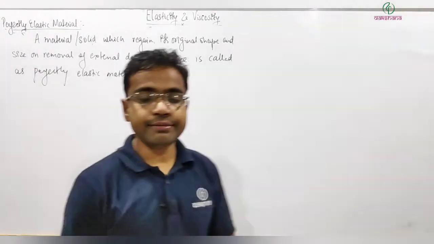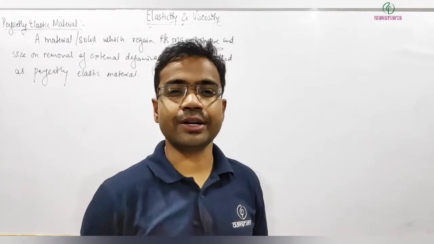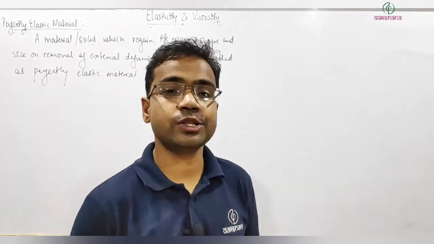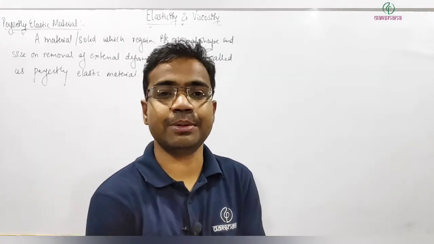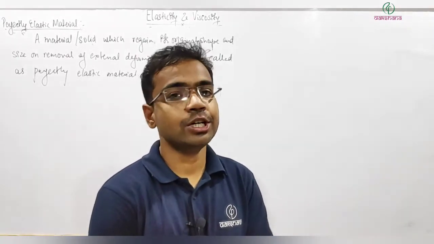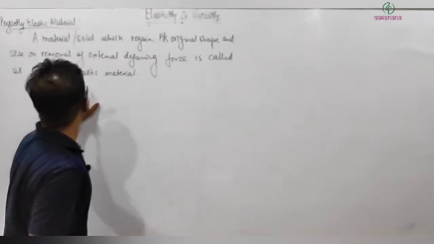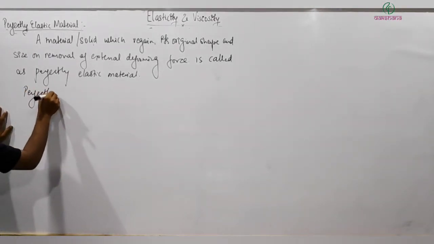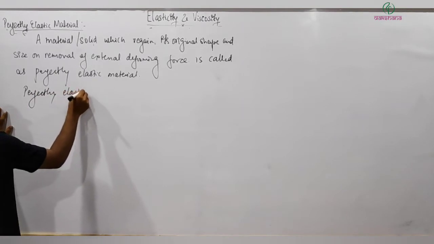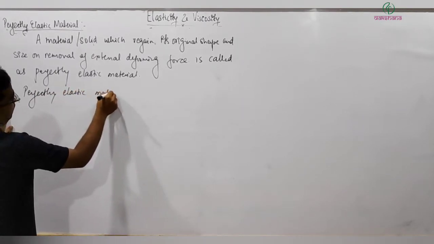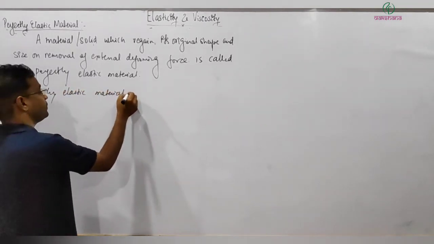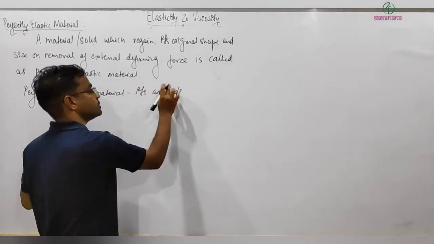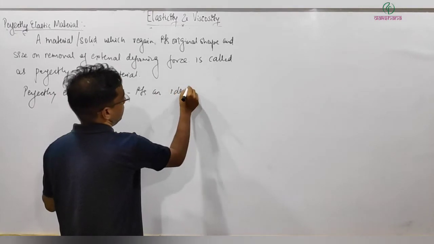Ideally, if we look at it, there does not exist any ideal perfectly elastic material. There is no material which regains its shape and size perfectly. So ideally, this is just a concept. A perfectly elastic material is an ideal concept.